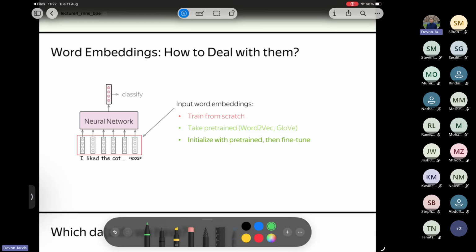I hope the guys online are feeling as awkward as we are in the room. Someone want to have a guess? I gave you the answer. I said that word2vec was really hard. So why might this not give us good word embeddings?